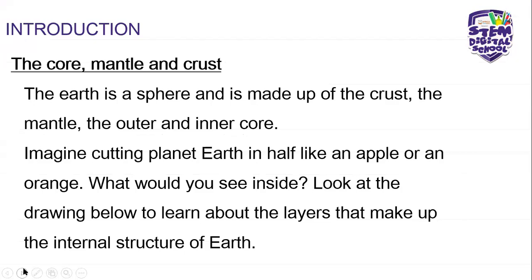So the structure of the earth is divided into 3: the core, the mantle, and the crusts. The earth is a sphere, and it is made up of the crusts, the mantle, the outer and inner core.